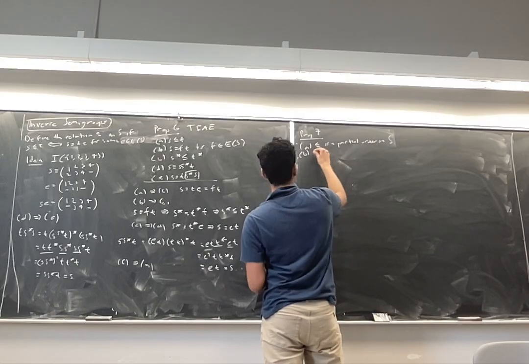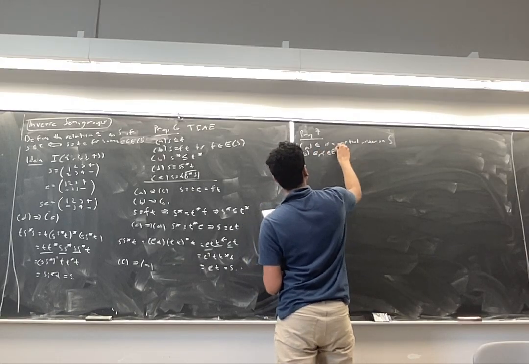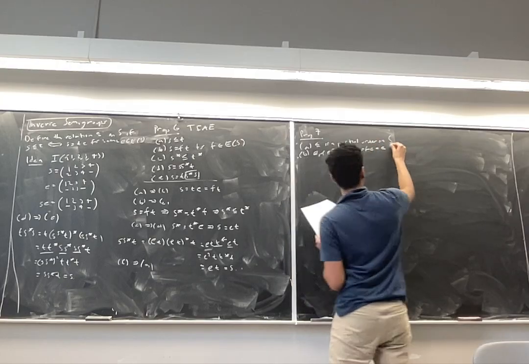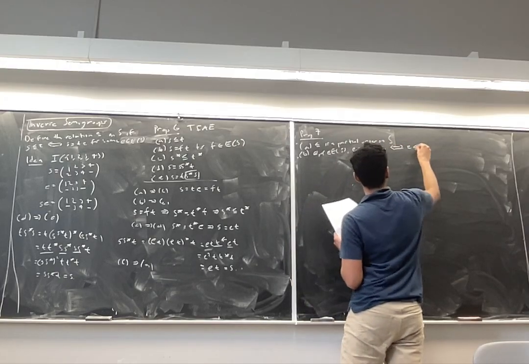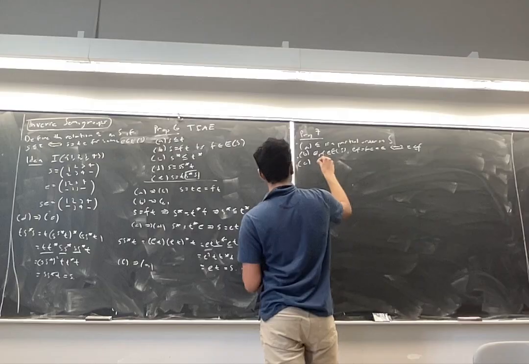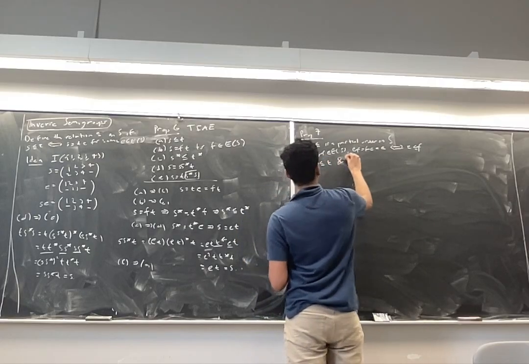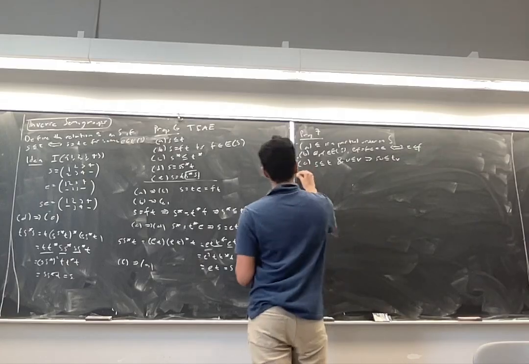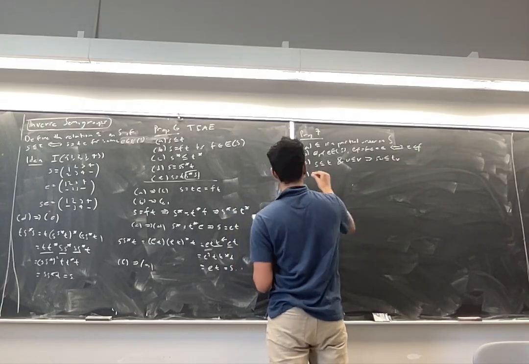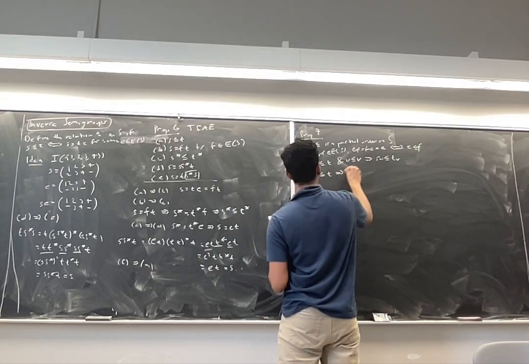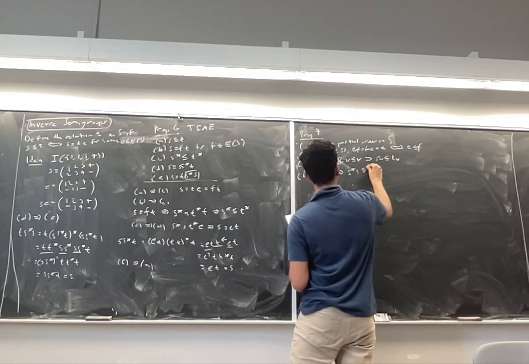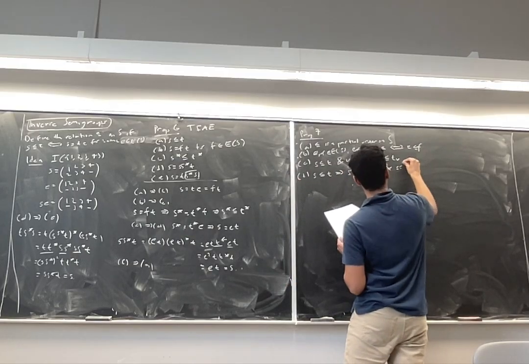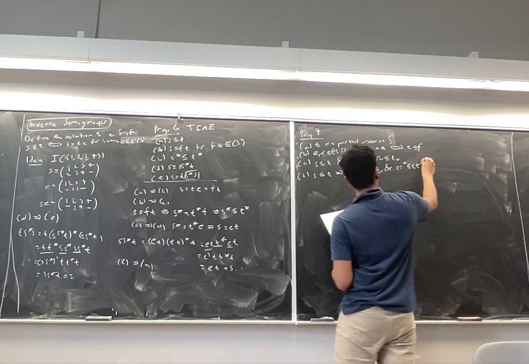Part B: if E and F are idempotents, EF equals FE equals E if and only if E is less than or equal to F. Part C: if S is less than or equal to T, and U is less than or equal to V, then SU is less than or equal to TV. Part D: if S is less than or equal to T, then you'll actually have S star S is less than or equal to T star T, and SS star is less than or equal to TT star.